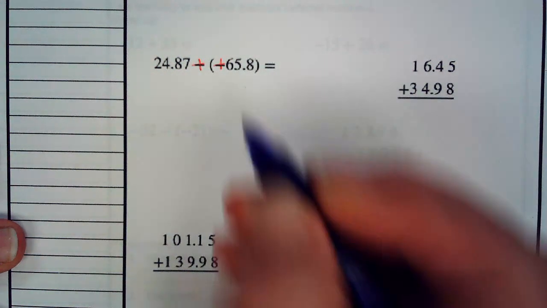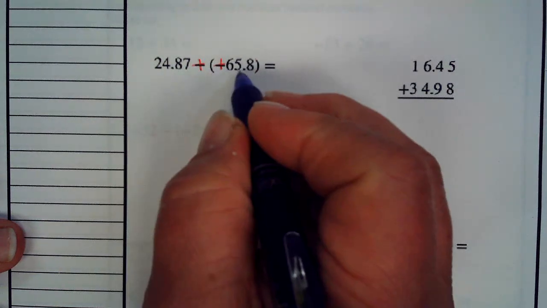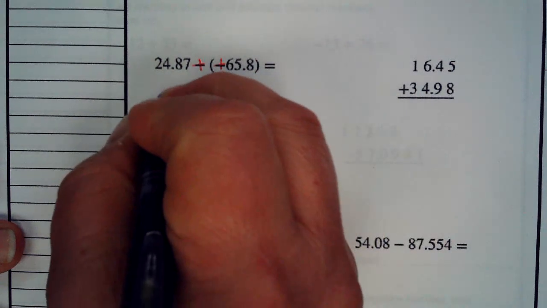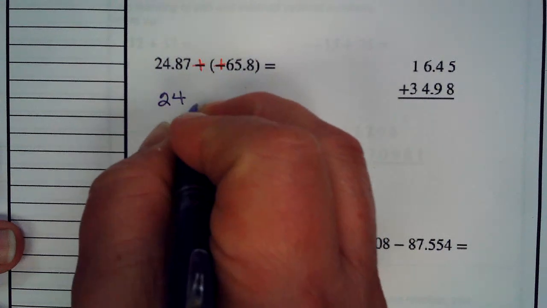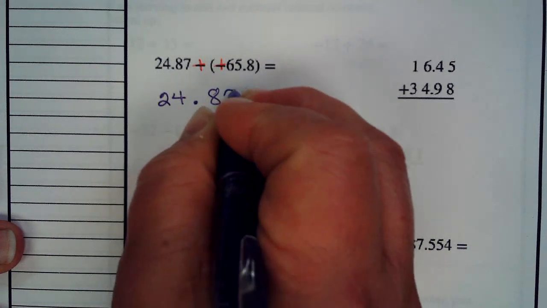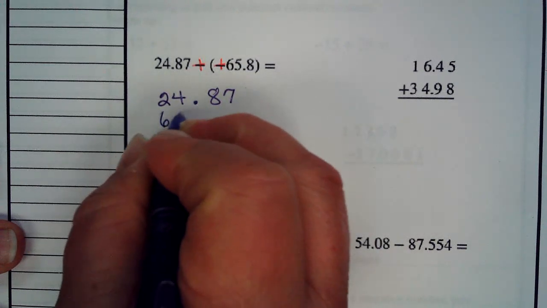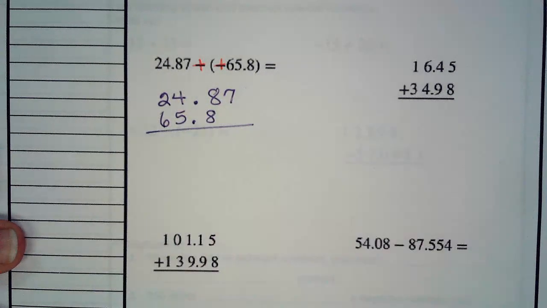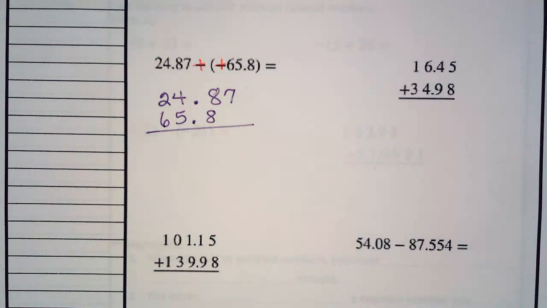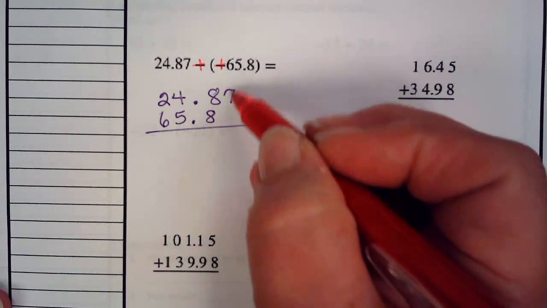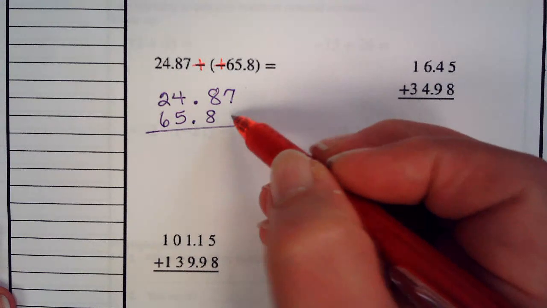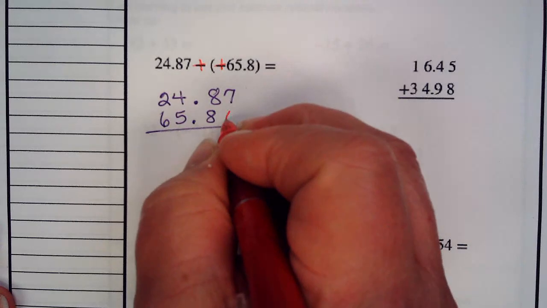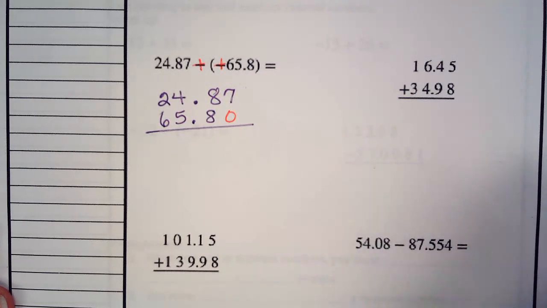Set it up with your decimals, one above the other. 24.87 and 65.8. Now, if I am missing a number, then I put 0 as a placeholder.